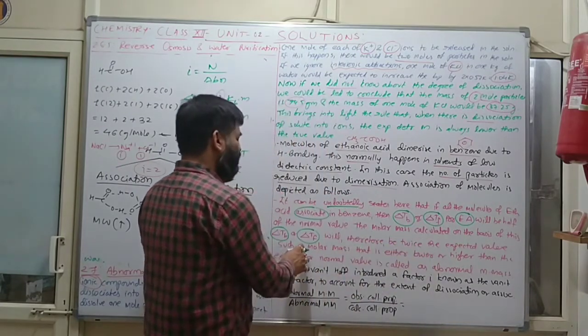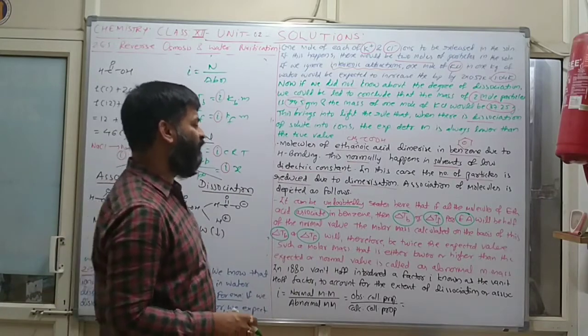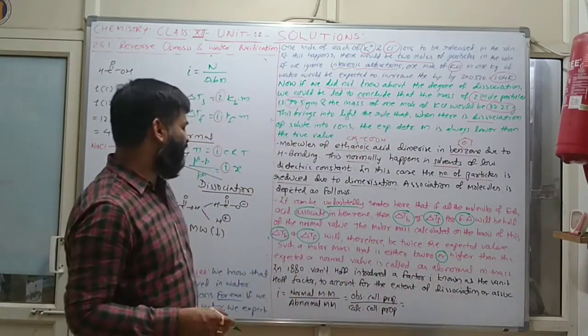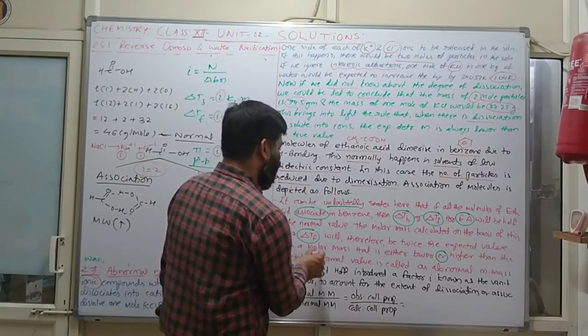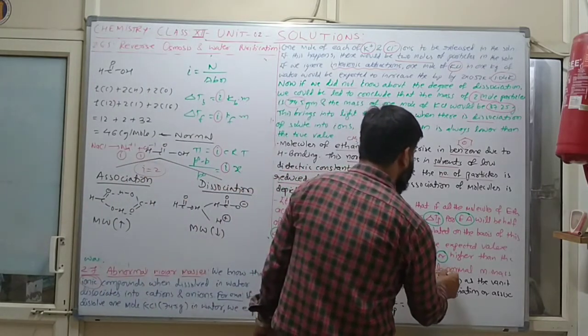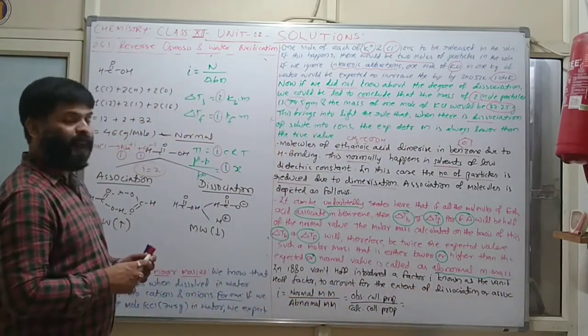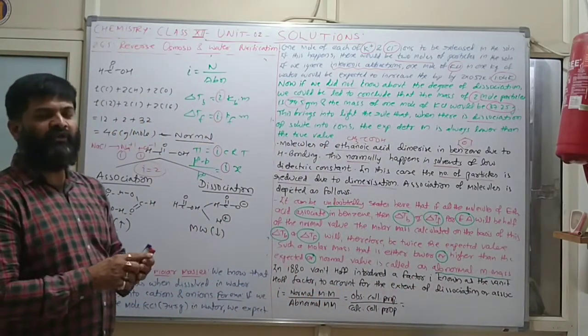Such a molar mass that is either lower or higher than the expected or normal value is known as abnormal molecular mass.